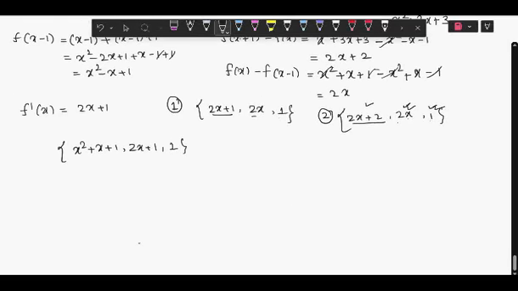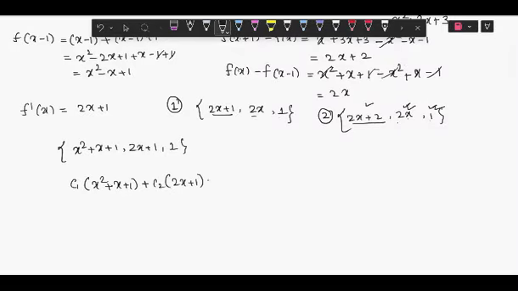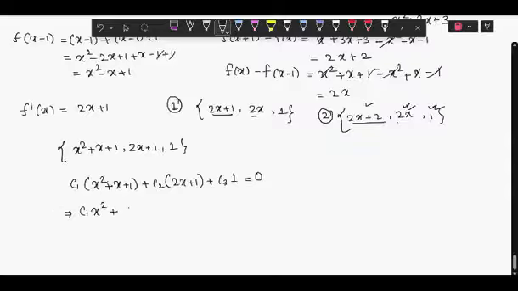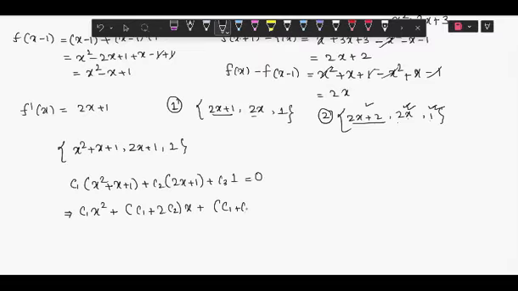So let's consider the linear combination: c1 into x square plus x plus 1 plus c2 into 2x plus 1 plus c3 into 1. This is equal to 0. So हम इससे लिख सकते हैं c1 x square plus (c1 plus 2c2) x plus (c1 plus c2 plus c3). This is equal to 0.